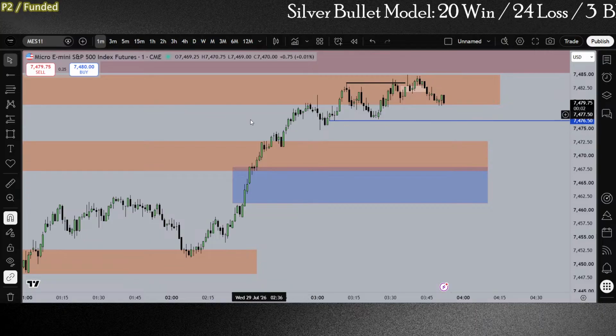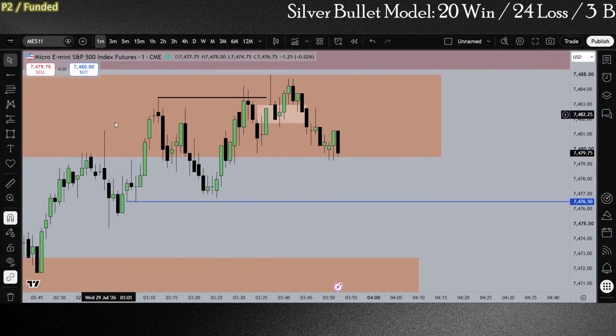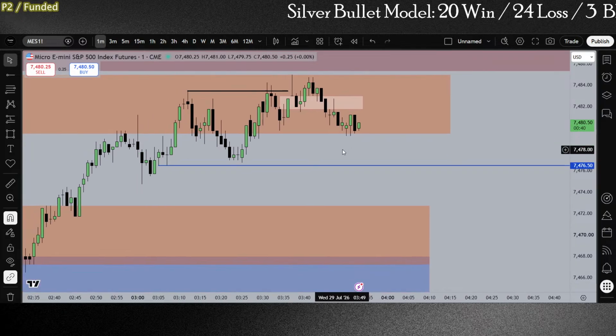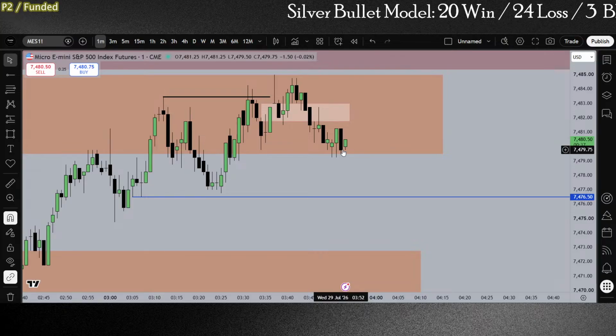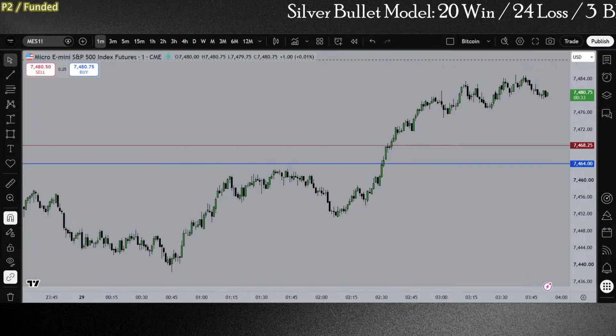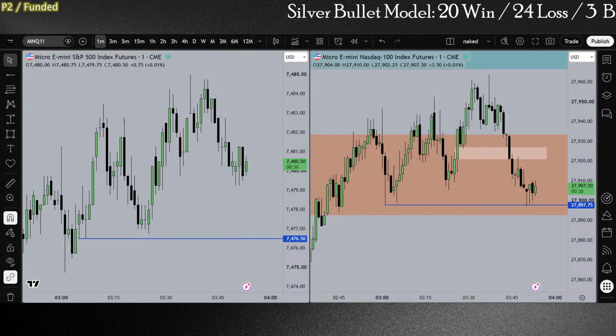It's just taking its time, consolidating, moving sideways, especially ES, very reluctant to move at all. So yeah, I guess that's fair enough.